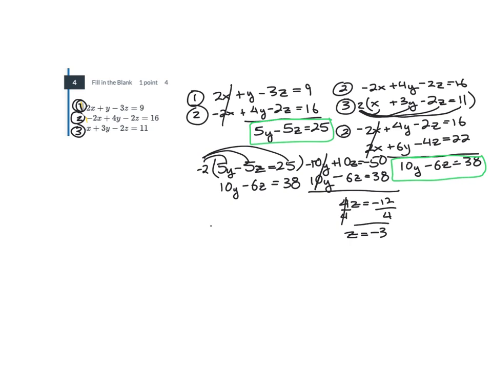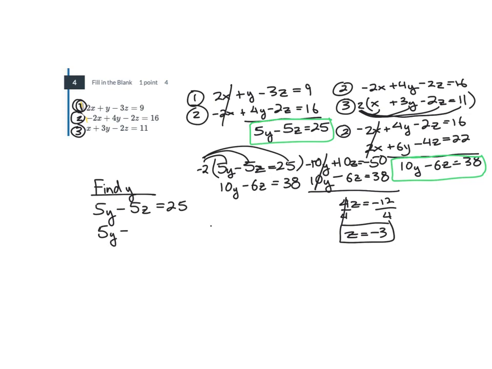All right, so I have one solution. Now I can use the solution and plug it in to one of my equations in the green box to find y. So I'm going to pick one of my green box equations, and I'm going to plug in z is equal to negative 3.